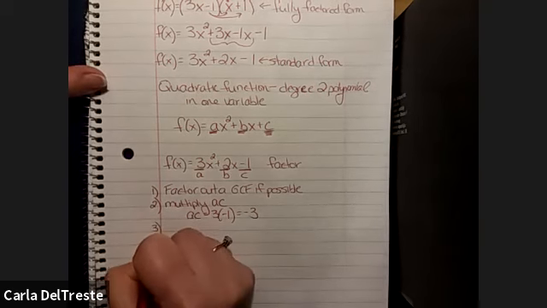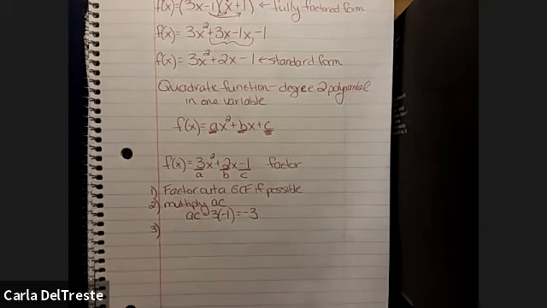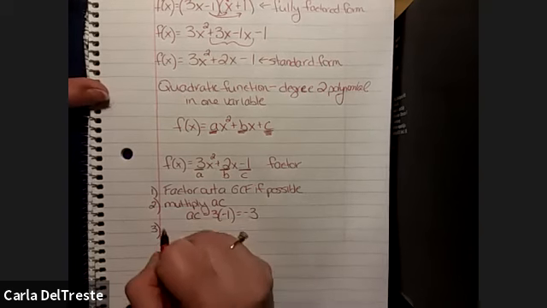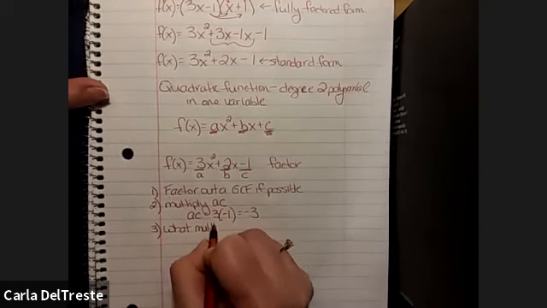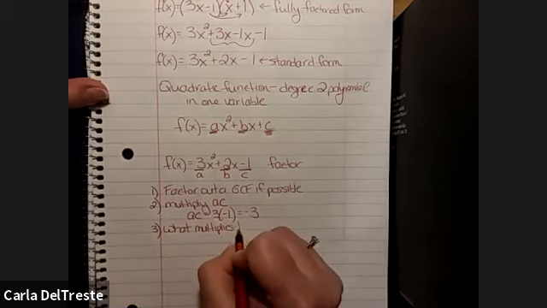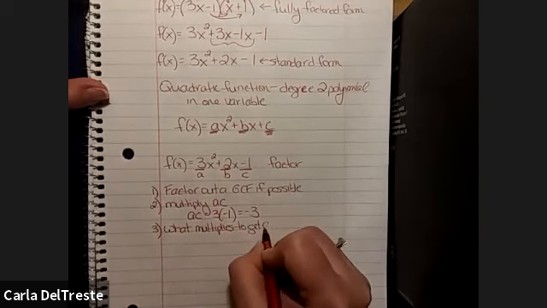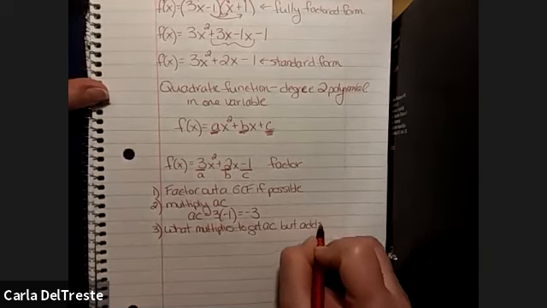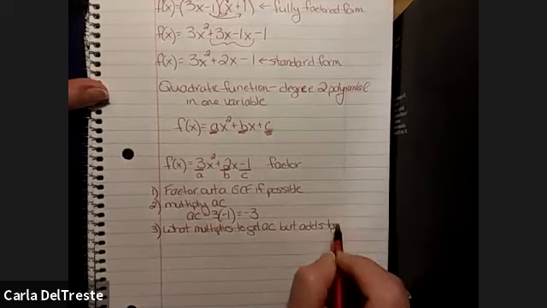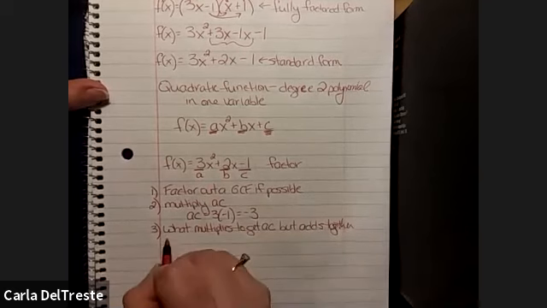Step number 3 is to ask yourself a critical question. What multiplies to get AC but adds together to get B?